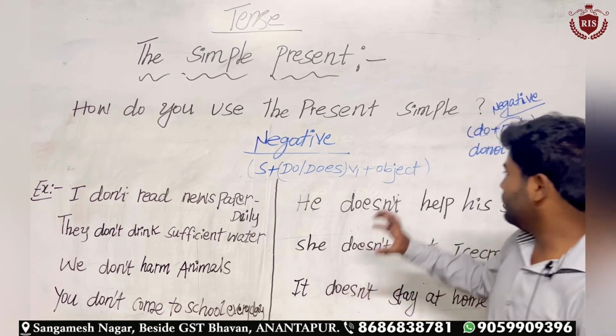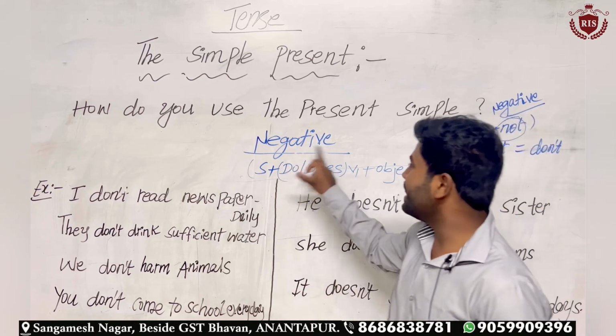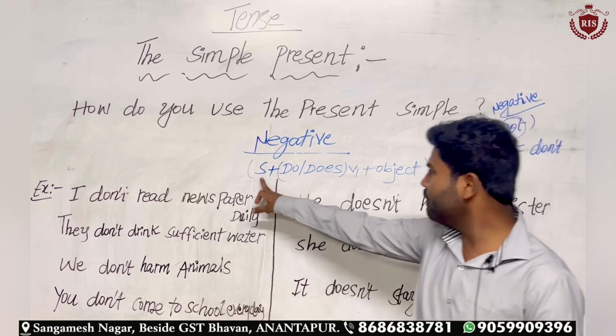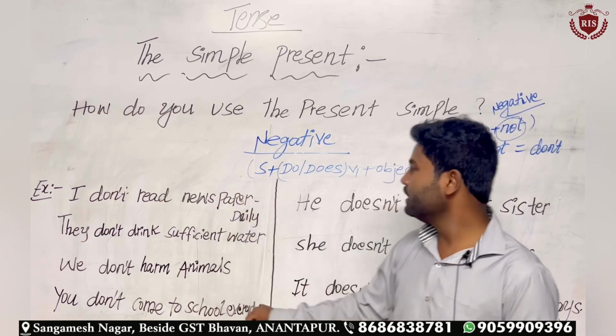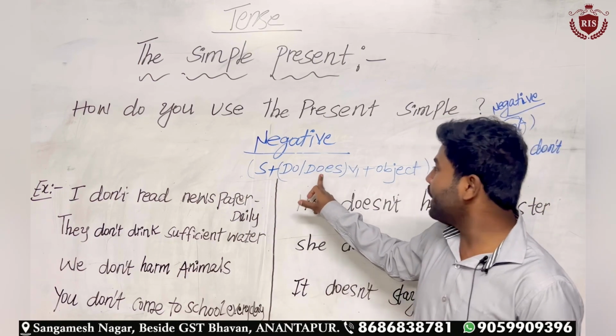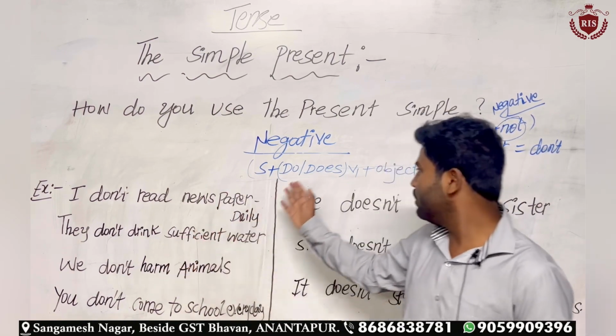So to get clear clarity, let us look at the structure I have written here for how to frame a negative sentence. First, the subject as usual comes in the beginning. Next, do or does, according to the pronouns we have taken in the sentence.